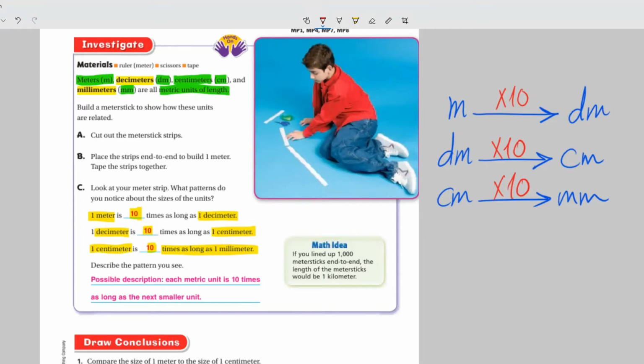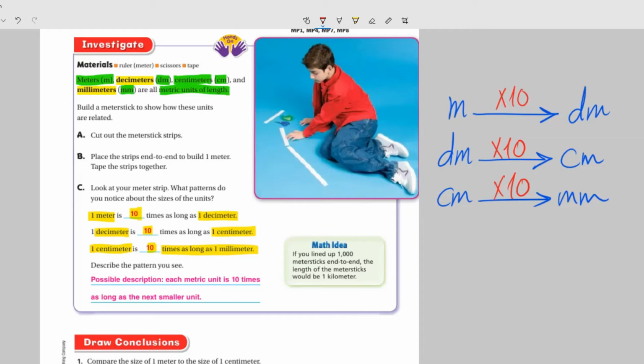Give me a second, I'm going to get my ruler. Do you have to write this one or describe the pattern? No. Compare the size of 1 meter to the size of 1 centimeter. No, don't write anything, just try the numbers.